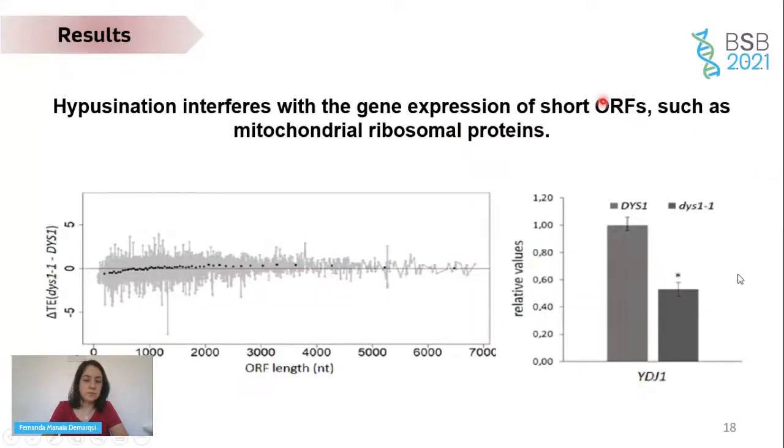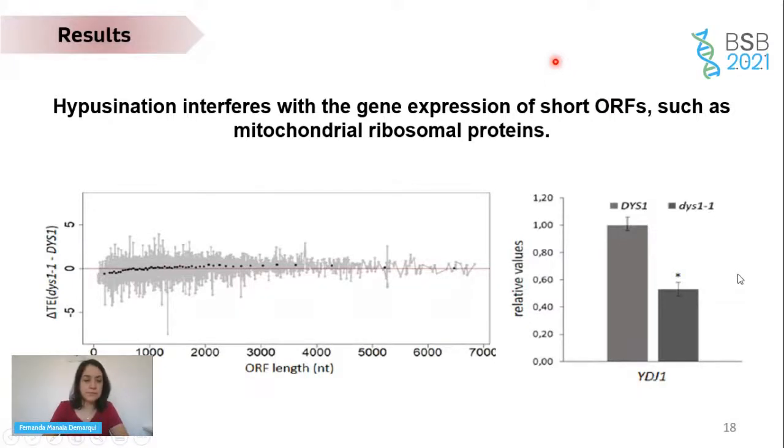It's already established that short ORFs are the most highly expressed ones, encoding small proteins that tend to play important maintenance roles in the cell, and their translation is related to the ASC1 protein, a component of the 40S ribosomal subunit.